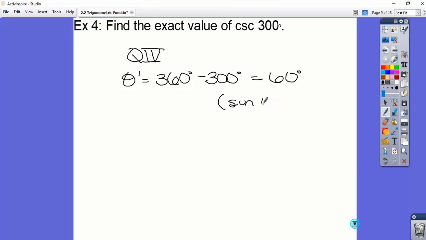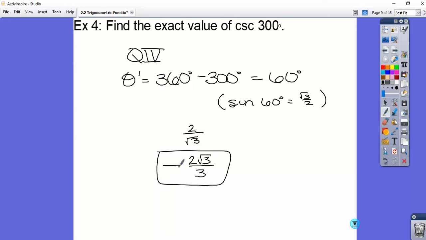Sine. So what is the sine of 60? So we have to flip that. So cosecant would be 2 over radical 3, which is 2 radical 3 over 3. Now you have to decide positive or negative, which is based on your quadrant. In quadrant 4, sine is negative, which means its reciprocal is negative. So far, so good.